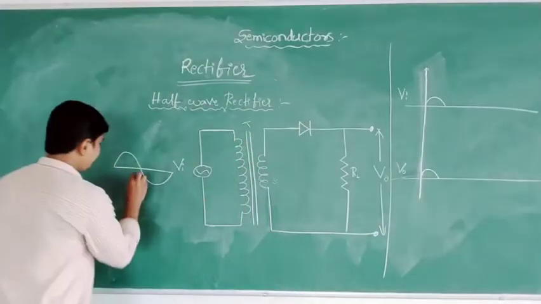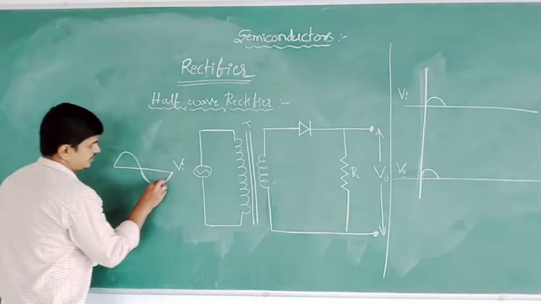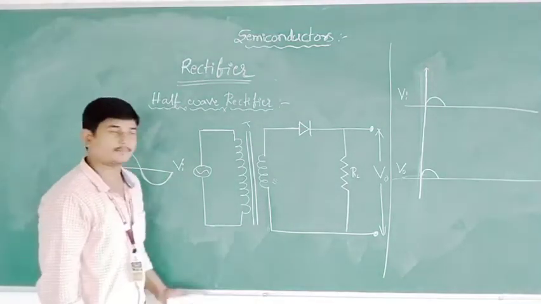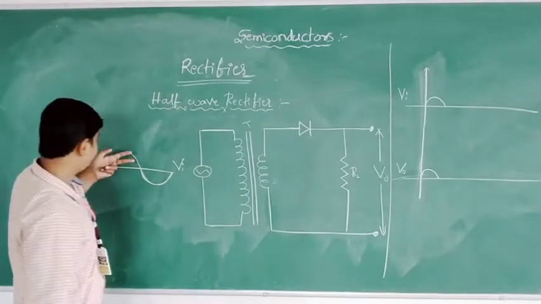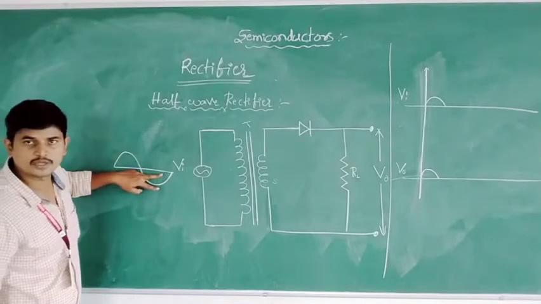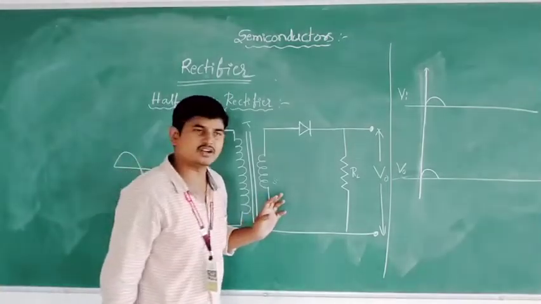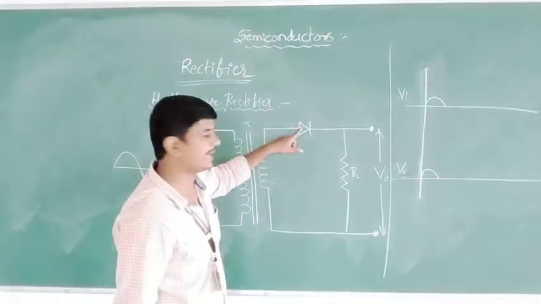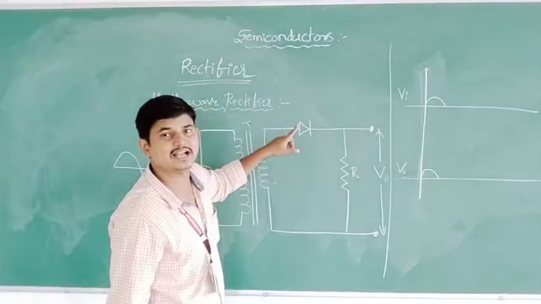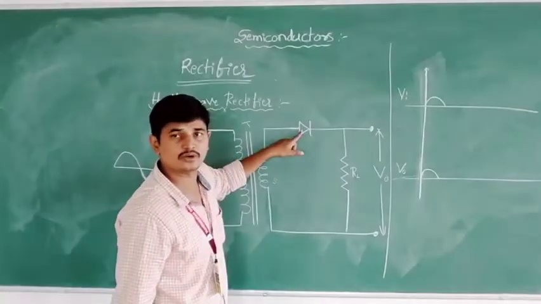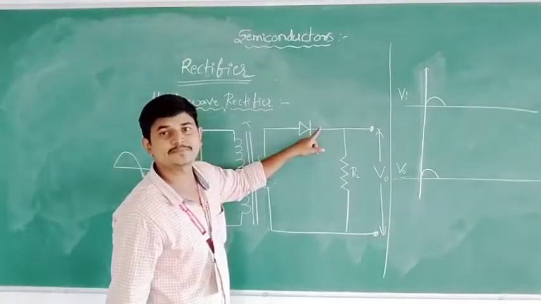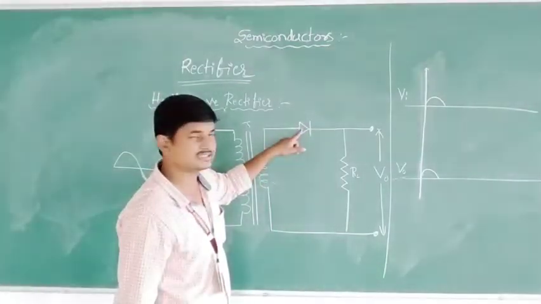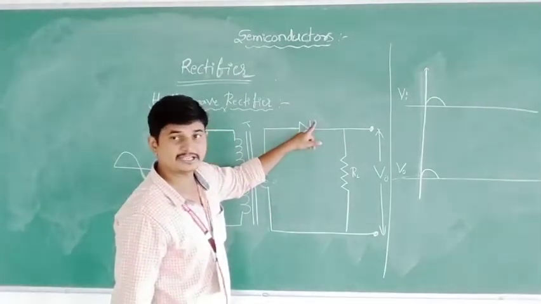And during the negative half cycle, what happens here? The input voltage is now reversed. The P type semiconductor is negative with respect to the N type semiconductor.